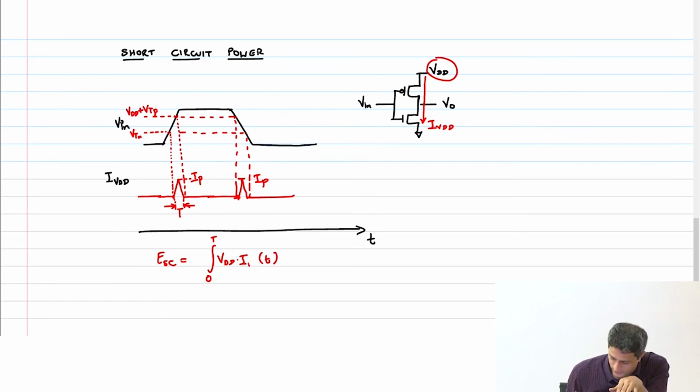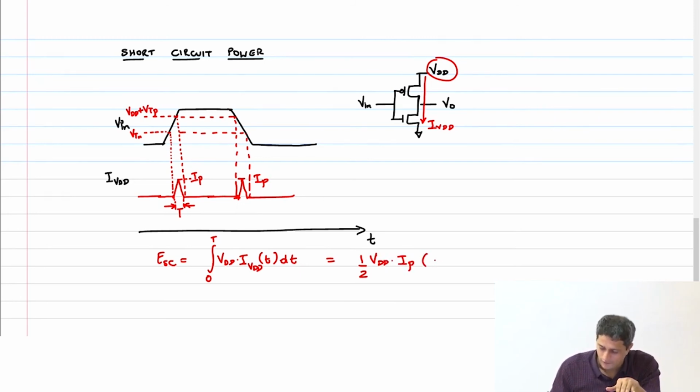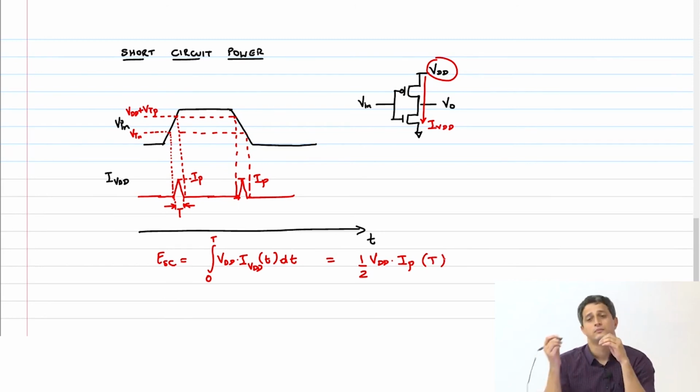Or I called it I VDD into dt, right? So basically it's just multiplying by VDD and finding the area under this triangle, right? So that is nothing but half VDD into I peak, right, into half base into height, right, into T.